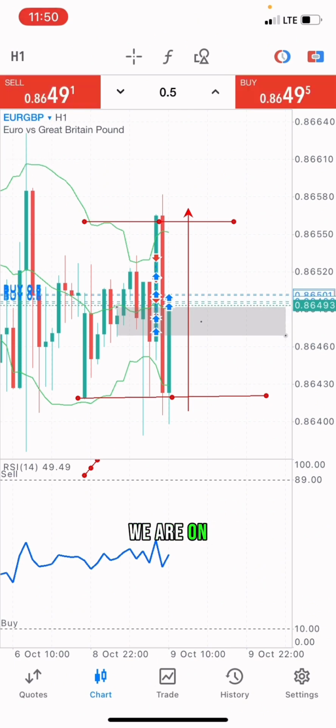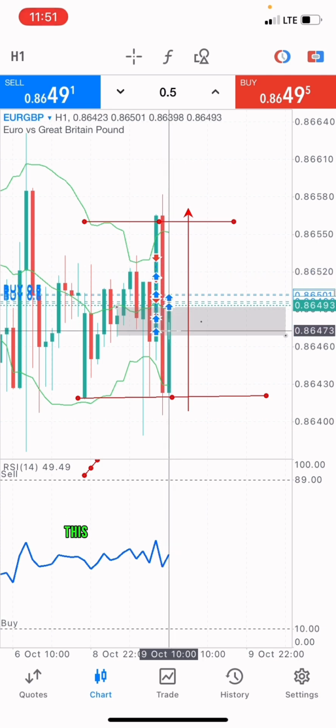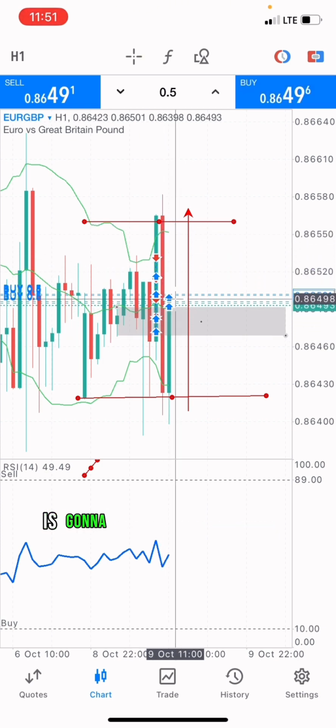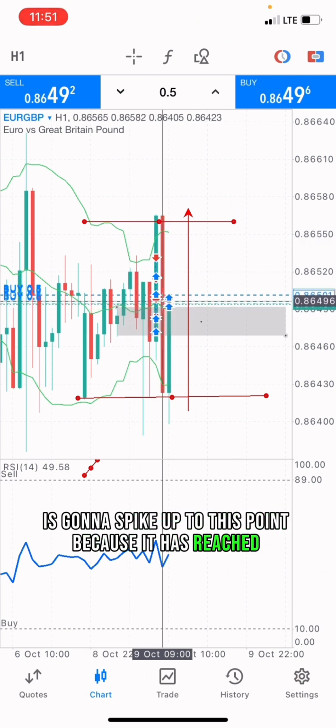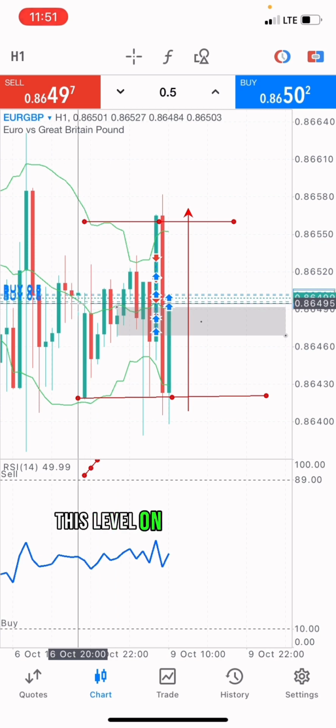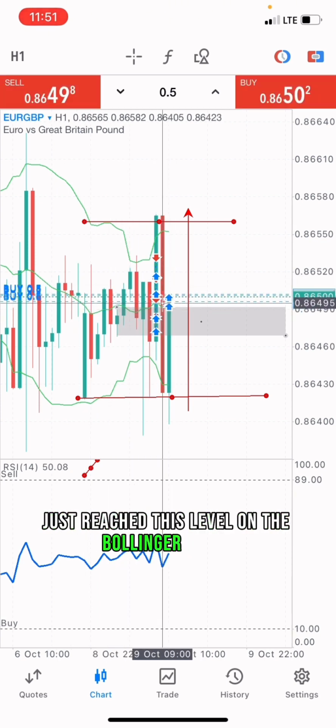We are on the 1 hour time frame. The same situation that happened here, this green candle is going to spike up to this point because it has reached this level on the Bollinger bands.